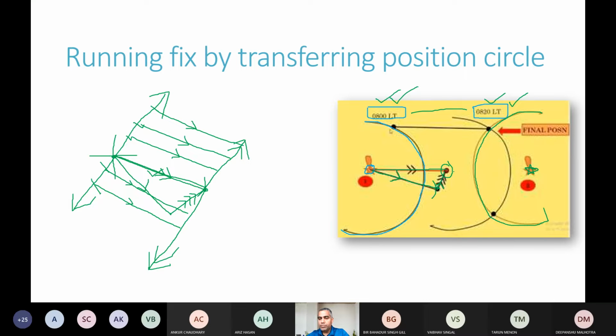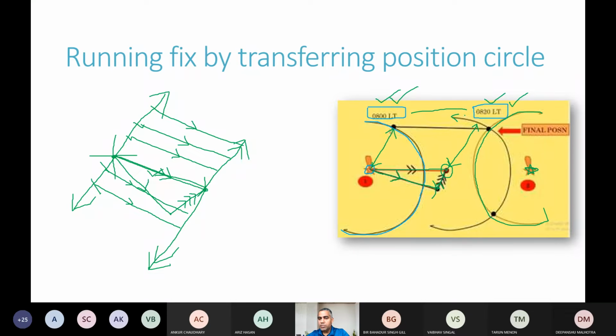So you have to keep your compass here, open it equal to the radius of your original position circle. So keep the radius same, and then you have to draw the transferred position circle. So the center is obtained by using the course, speed and current triangle. The radius is kept the same, and you can then draw the transferred position circle.